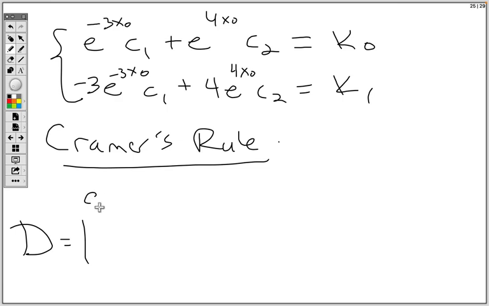So d, coefficient of C1s, coefficient of C2s. What's the coefficient of C1s here? So once again, the x naught is a number. We've plugged that in.